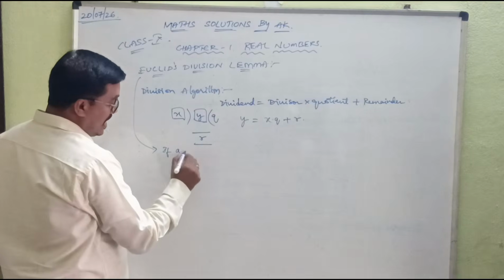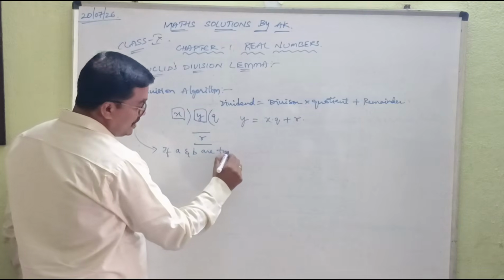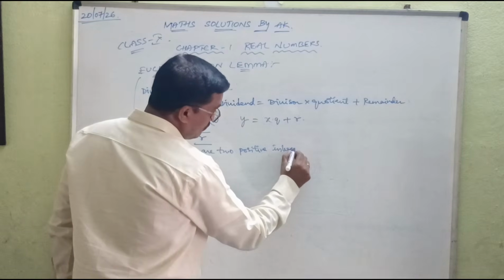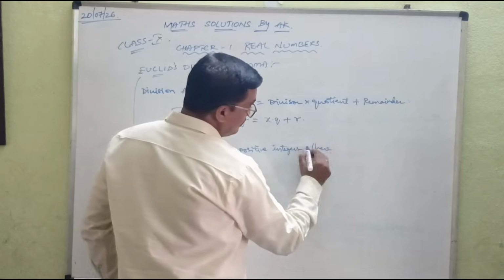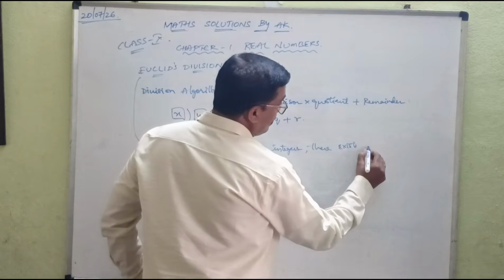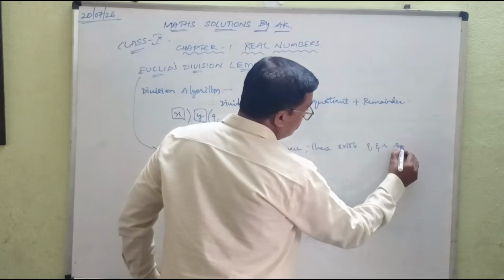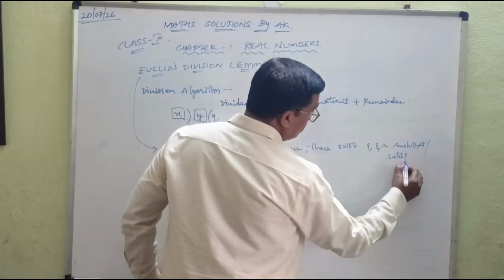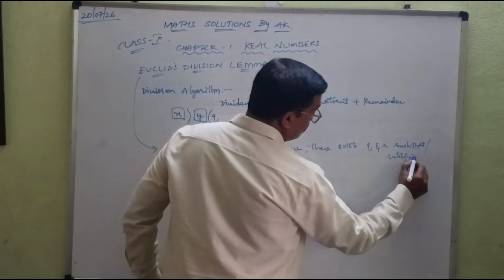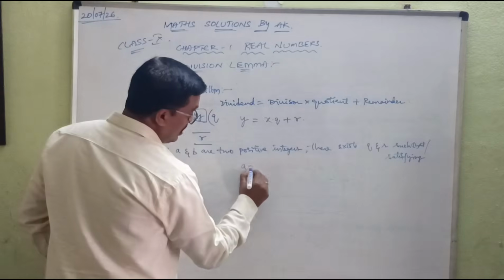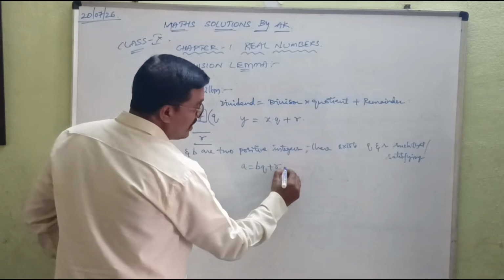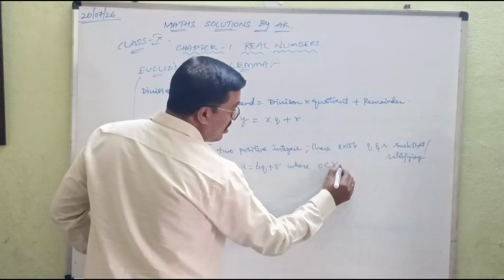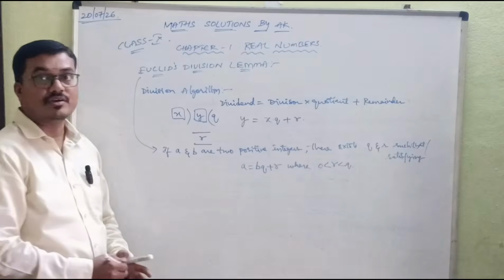So what is Euclid's division lemma? If a and b are two positive integers, then there exist q and r satisfying a is equal to bq plus r, where your remainder r lies between 0 and b.